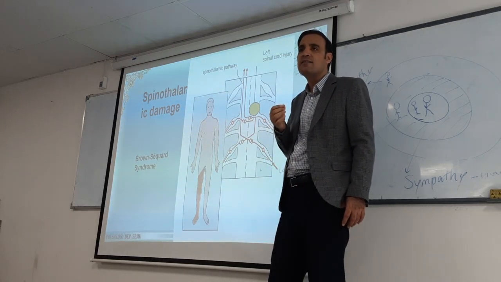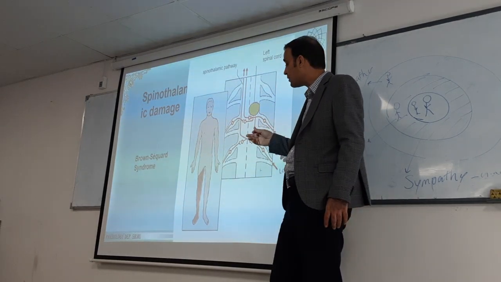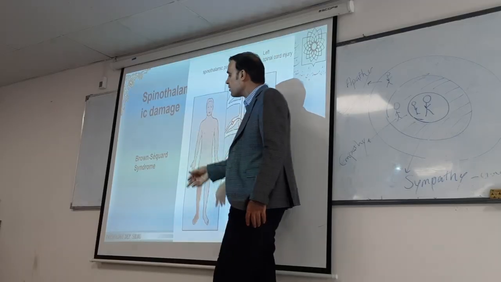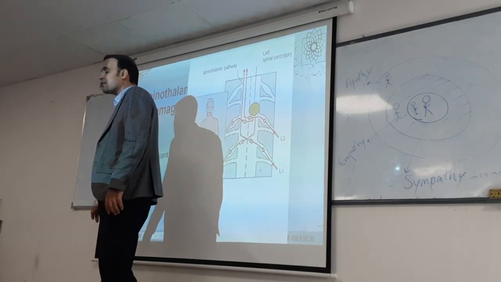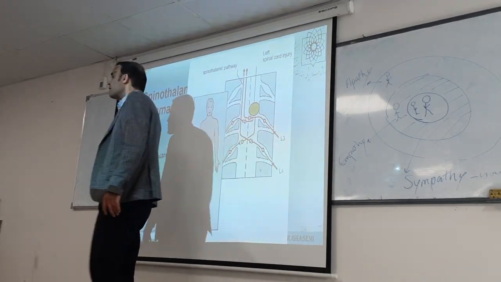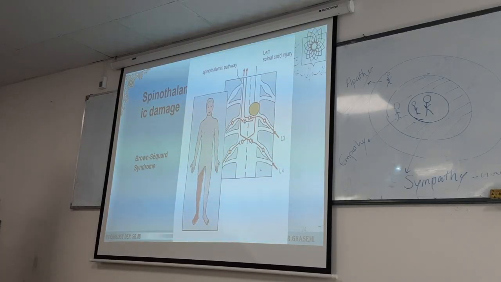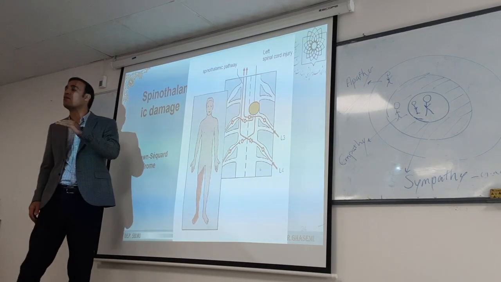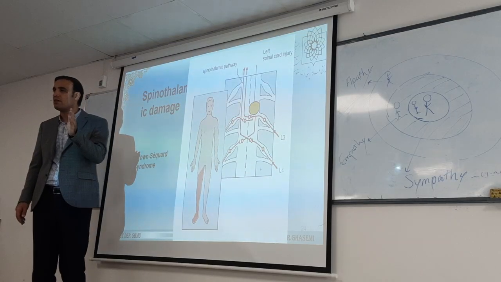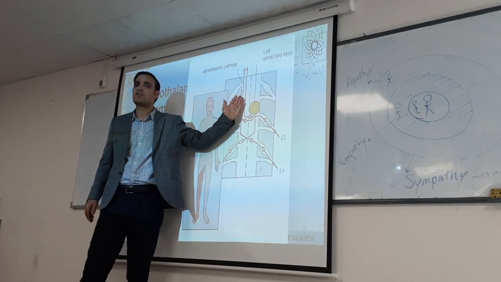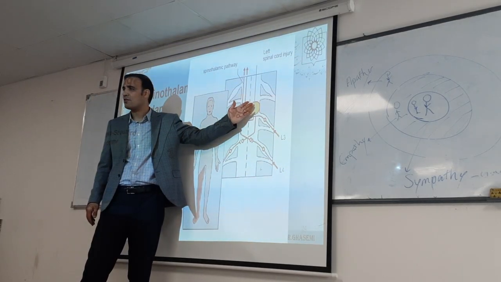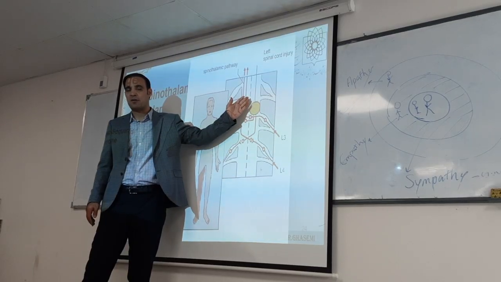There is a case that is very interesting, and this is named as Brown-Séquard syndrome. Brown-Séquard syndrome is when the spinal cord is being damaged, not completely, but partial. For example, left side of the spinal cord is being damaged. You can imagine what is happening.